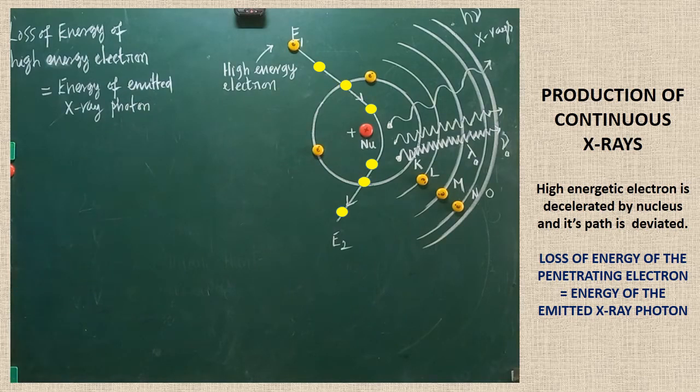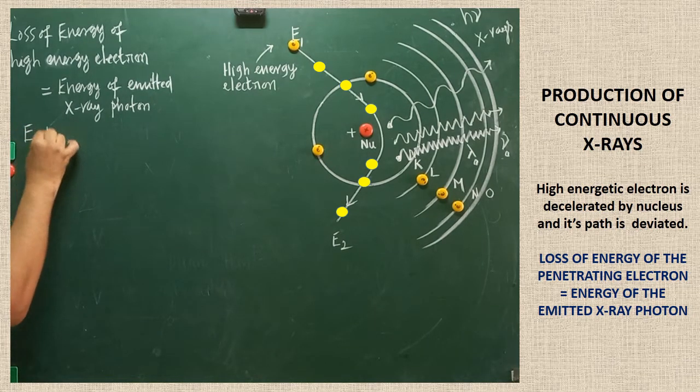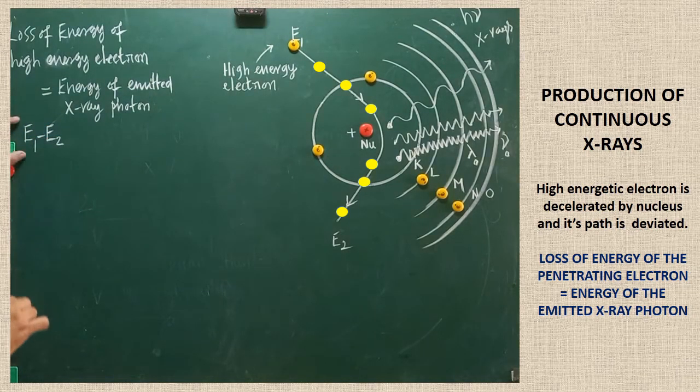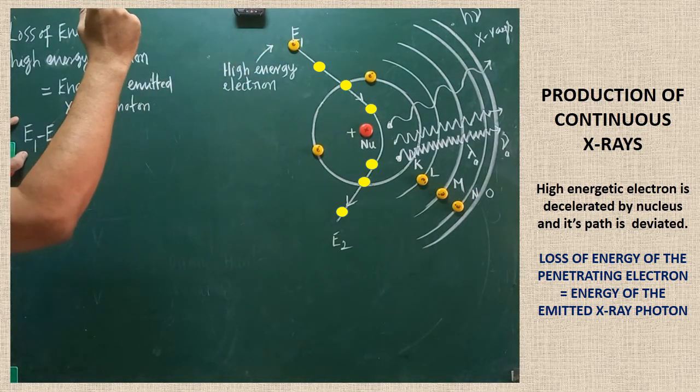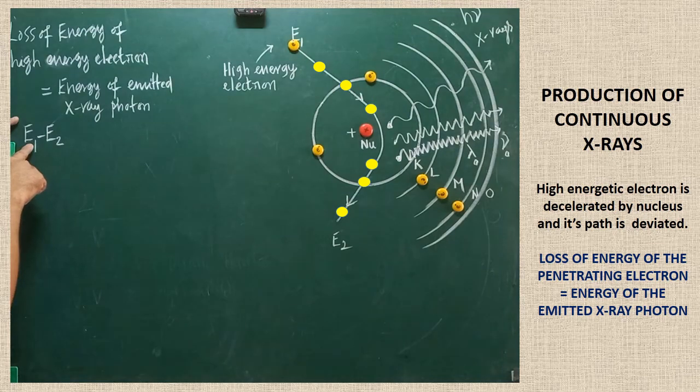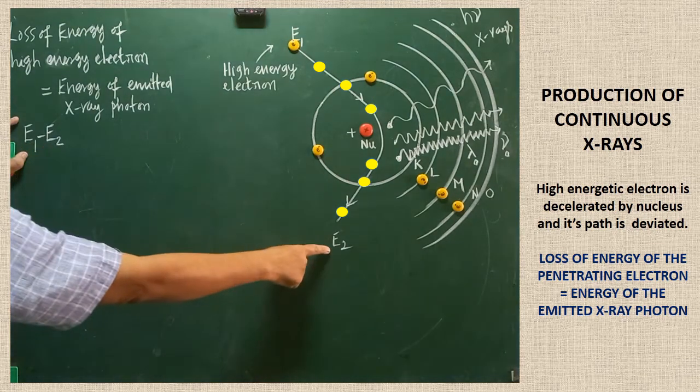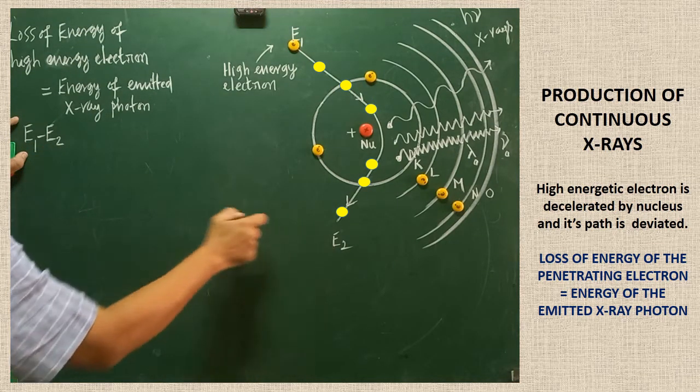That loss of energy of the high energetic electron is converted into energy of the emitted X-ray photon. Therefore we can write the new equation as E1 minus E2. What is E1? Initially it has a tremendous amount of kinetic energy, represented by E1. After that it loses energy, so the new energy is E2.